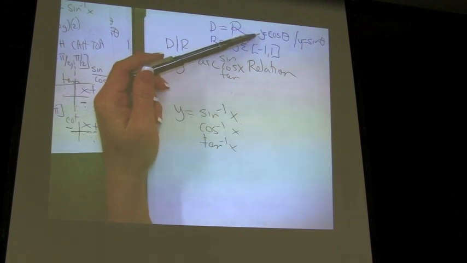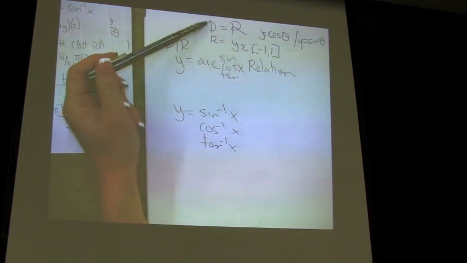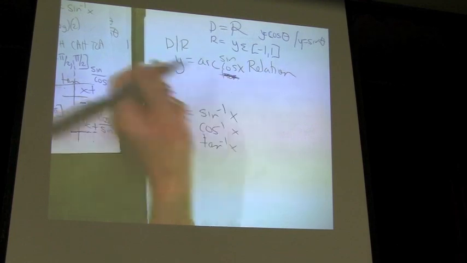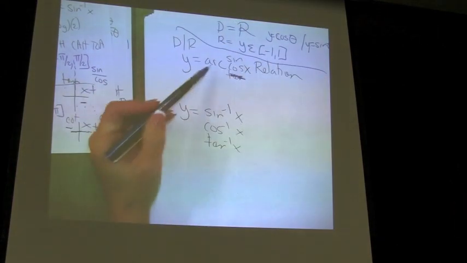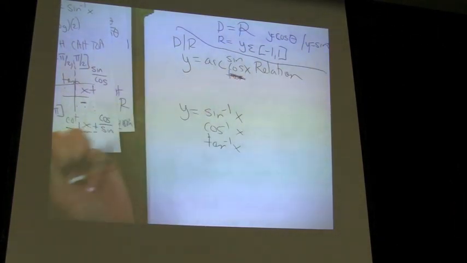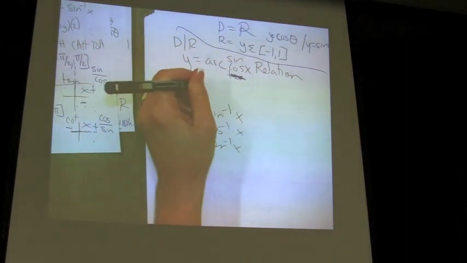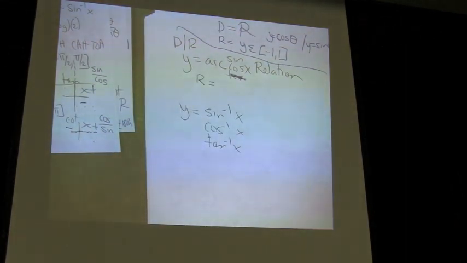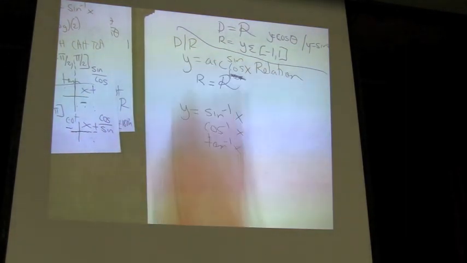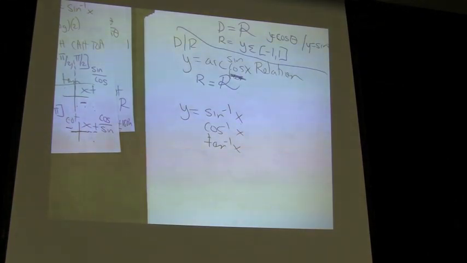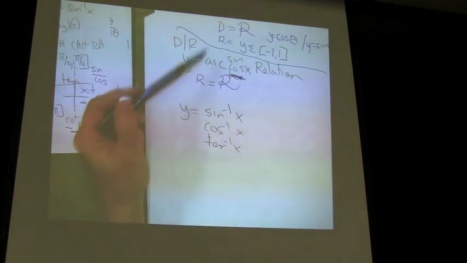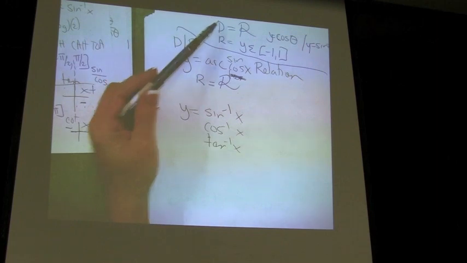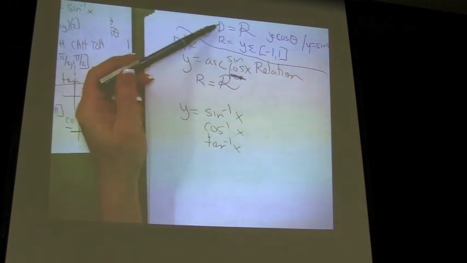Here's your parent function, y equals cosine x, y equals sine x. Its domain is all real numbers. Arc sine and arc cosine will then have a range that is all real numbers because it's the inverse of the function. Okay? So this one had a domain of all real numbers.